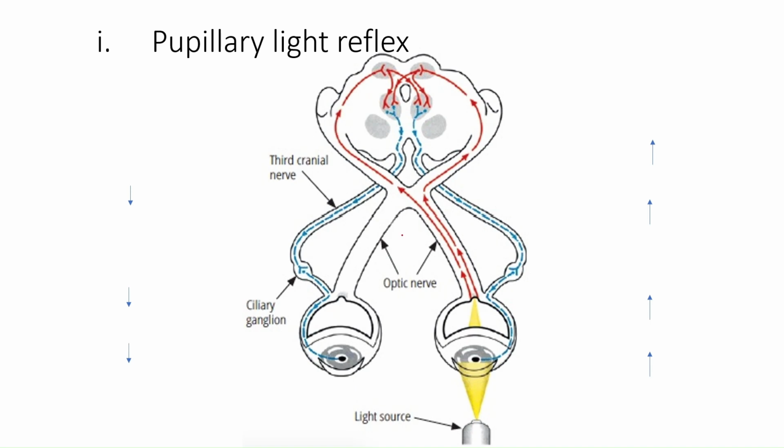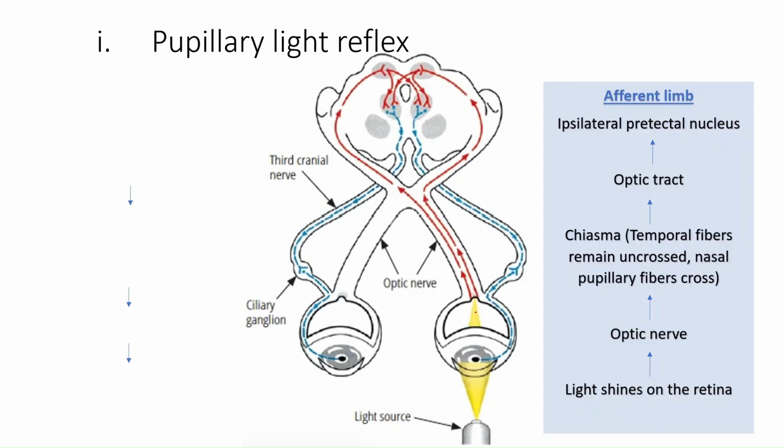So let's now understand the pupillary light reflex. Let's start from here. There is a light source illuminating the retina. Then the impulses flow through the optic nerve here. And then there is a decussation at the chiasm. These fibers travel along the optic tract along with the fibers of the visual pathway.